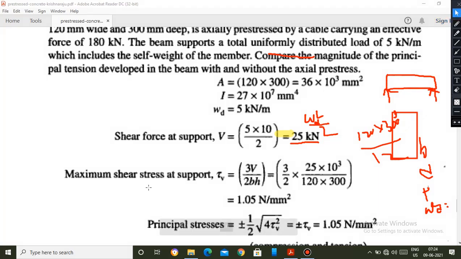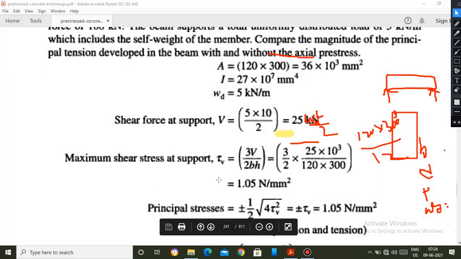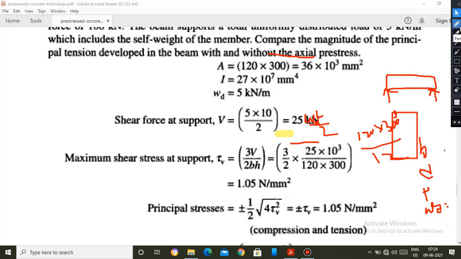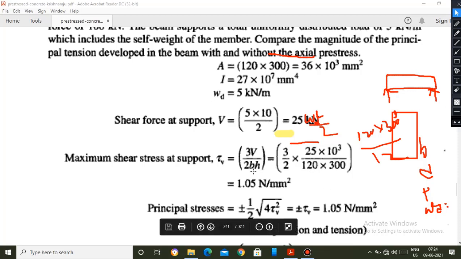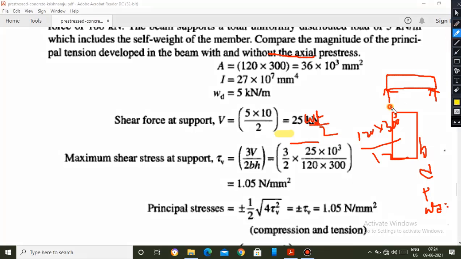Next, coming to the maximum shear stress at the support, tau V, that is the maximum shear stress developing at the support, tau V equals 3V by 2BH. If you observe, for this pre-stressed concrete member, the shearing force diagram will be generated in this way.